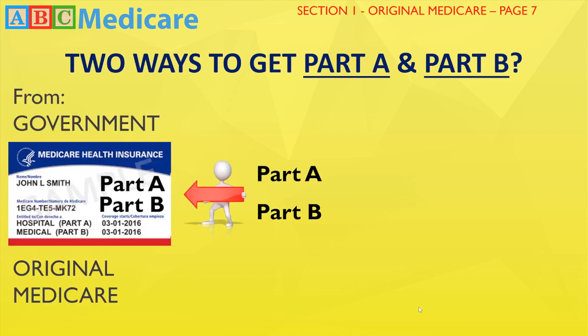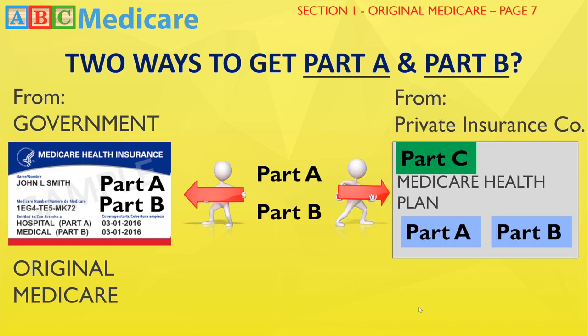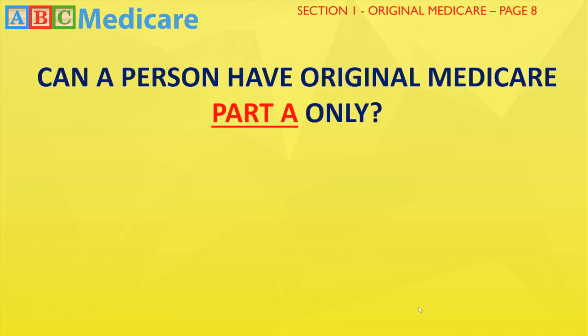The first way is for somebody to get it from the government to stay on Original Medicare, or if they have both Part A and B and they meet the other qualifications, they can enroll in a Medicare health plan, also known as Part C, and get their Medicare A and B benefits from a private insurance company. That's also known as a Medicare Advantage plan or a Medicare health plan.